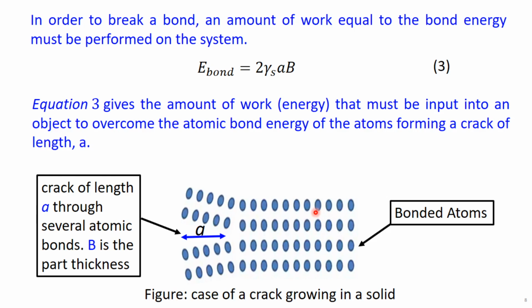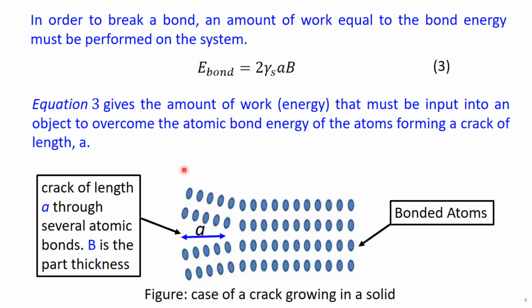Each atom has some bond with the neighboring atom. So a crack of length A through several atomic bonds is appearing as shown in the figure, and B is the thickness which cannot be shown in this 2D slide. So just assume B is the thickness of the material.